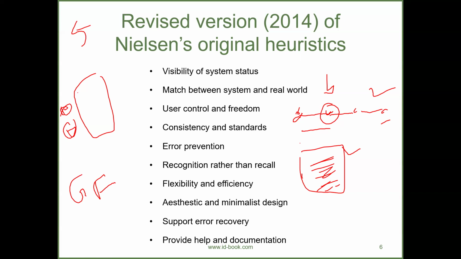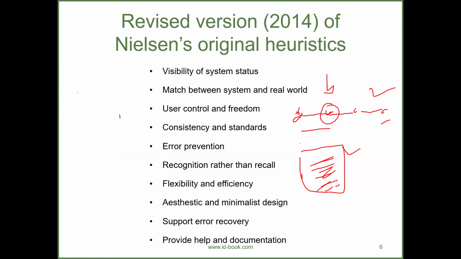When you click the down elevator button, the elevator starts coming to the ground floor. It tells you that the elevator is on the fourth floor, then the third floor, then the second floor, and the first floor, and finally here. So it is actually telling you the status of the system. So that's about the visibility of the system.